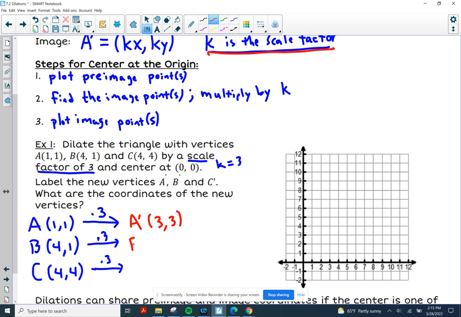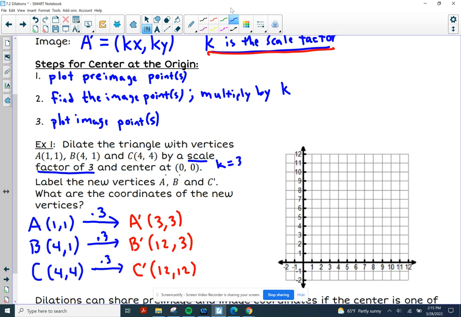For the image of B, 3 times 4 is 12, and 3 times 1 is 3, so the image of B is going to be the point (12, 3). And then for C, we're going to do 4 times 3 and another 4 times 3, so our C prime is going to be (12, 12).